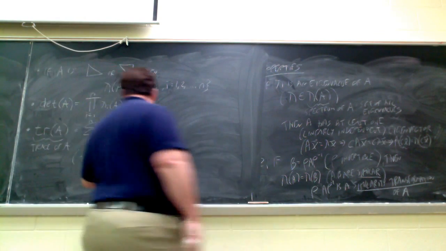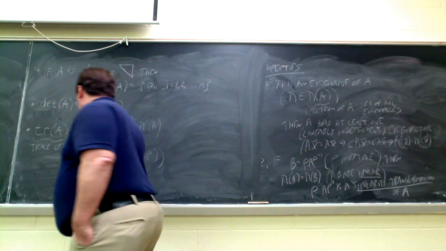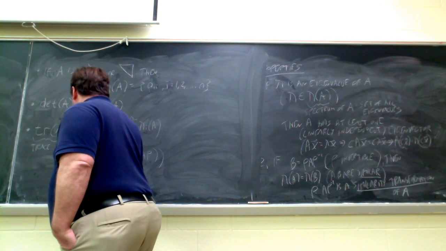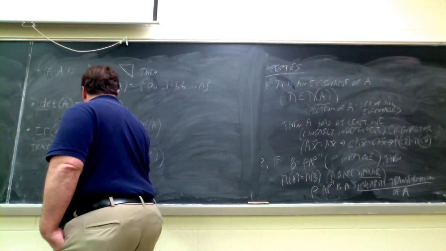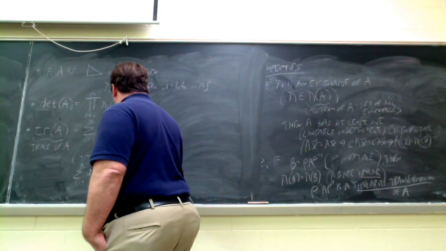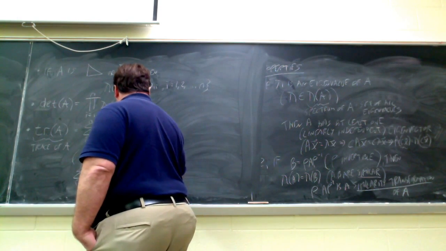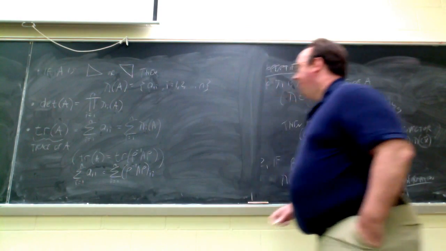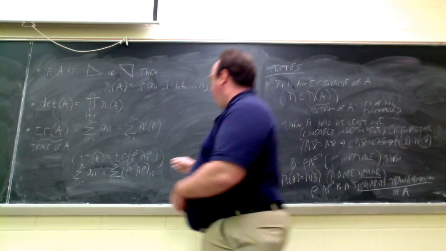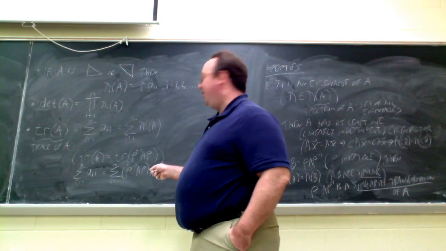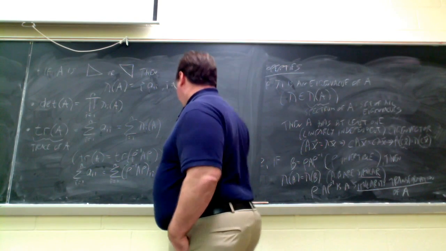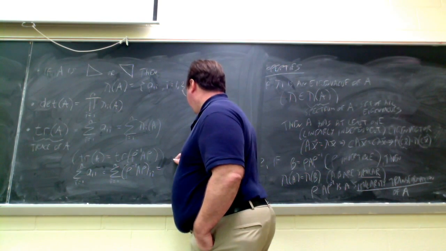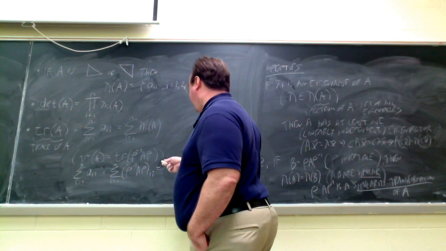Okay. So I want to prove that the sum of A_ii is equal to the sum of the diagonal entries of P inverse AP. And so for that, I need to use a formula for matrix multiplication to write out what the diagonal entries are. I have to apply it twice because I have three matrices altogether.